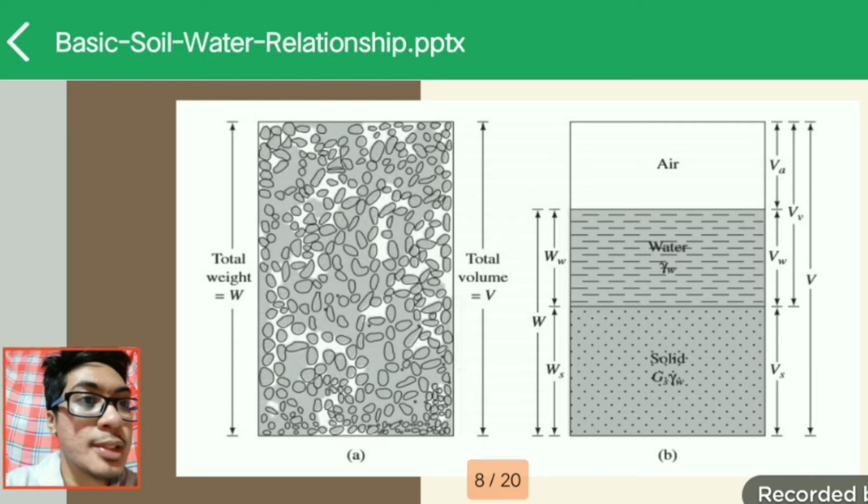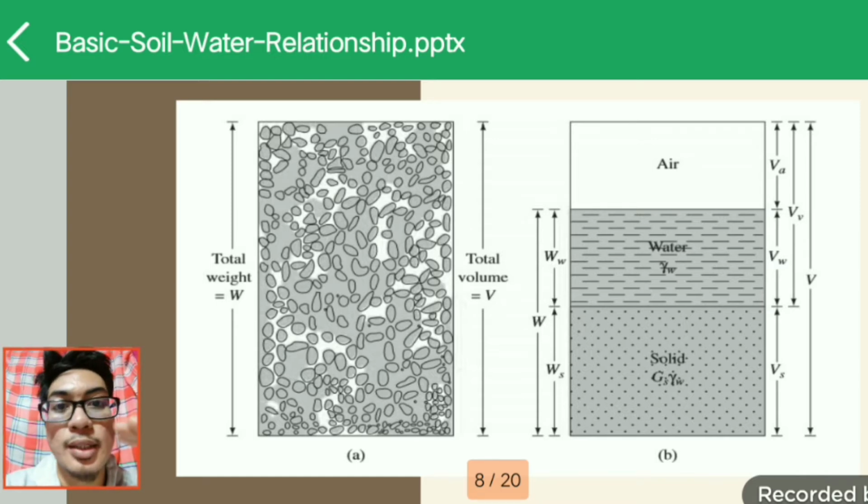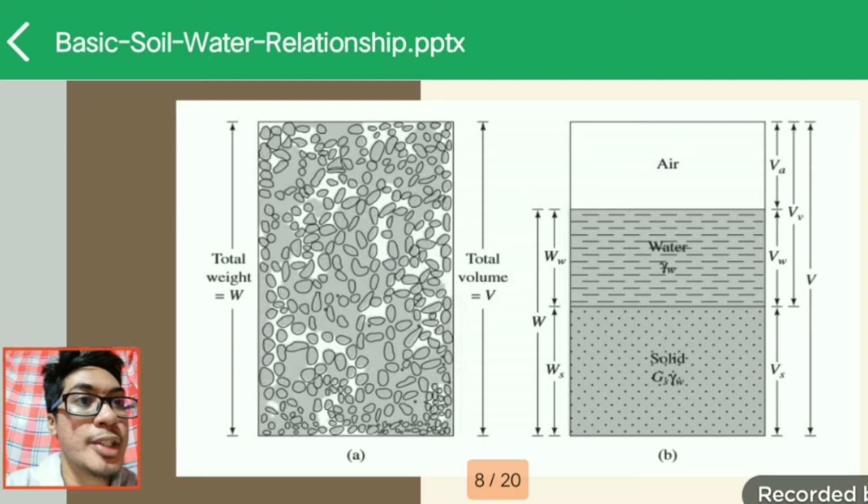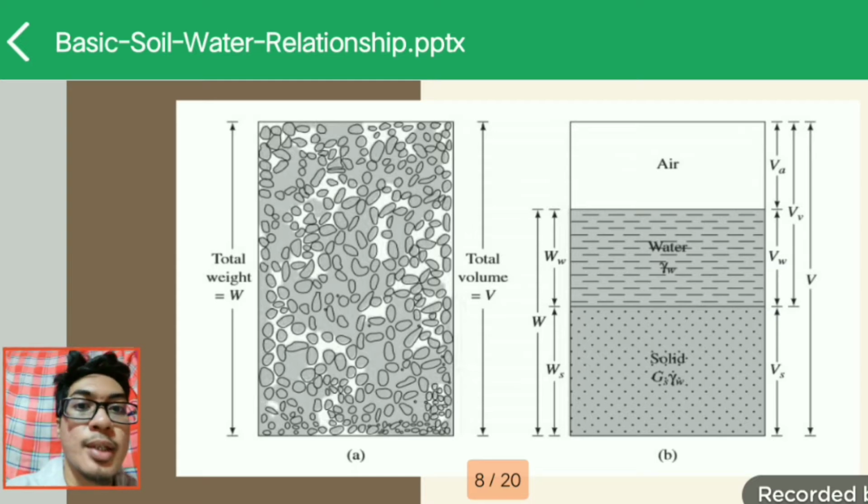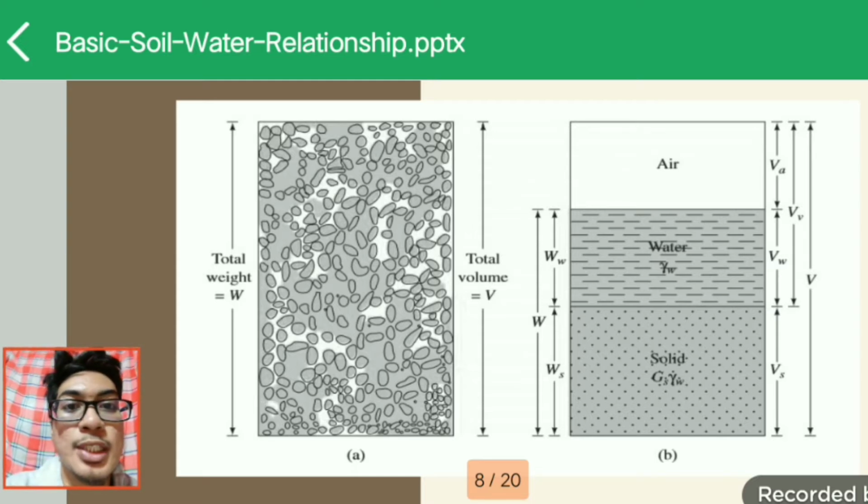The more the void, the higher the void ratio, because it's the numerator, right? When you have a higher void ratio, it means either your volume of air or volume of water is more. It's the volume of void over volume of solid. That's the void ratio.